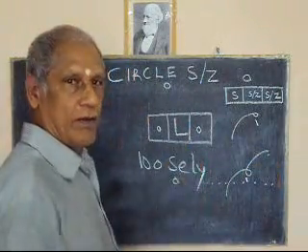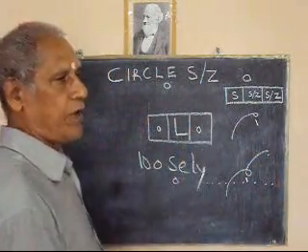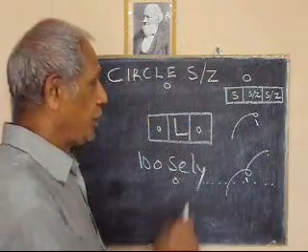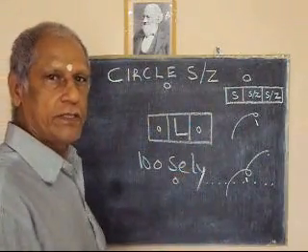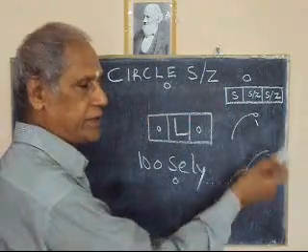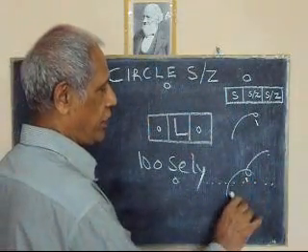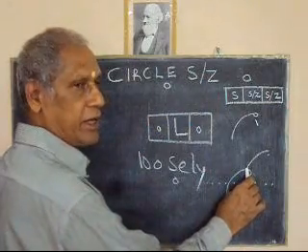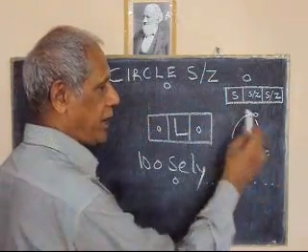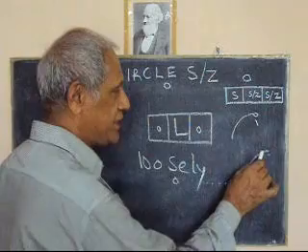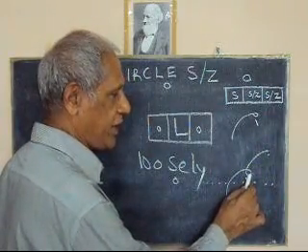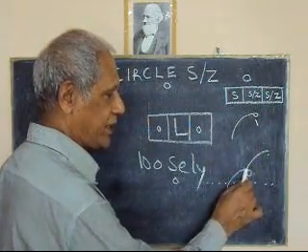So L, when preceded or followed by a circle which is attached to a curve, is written in the same direction as the circle. Now L, circle, again L. So this L is written in the same direction as this circle is written.